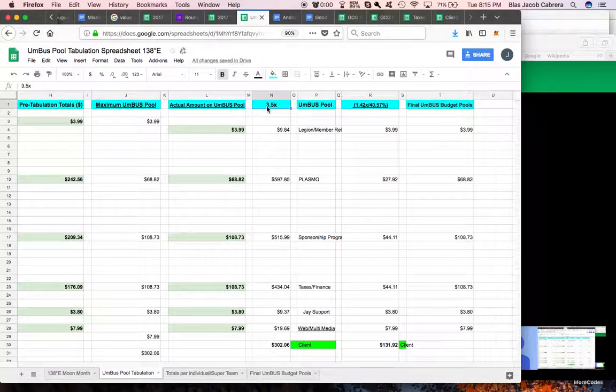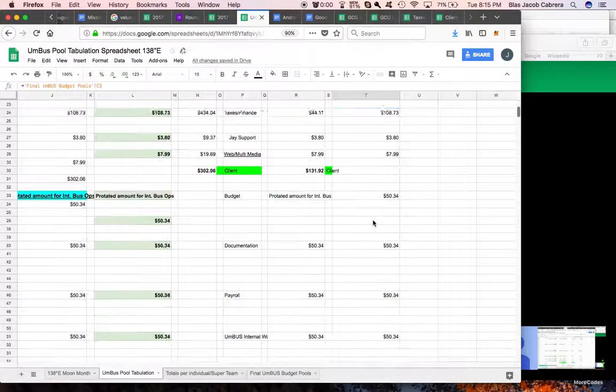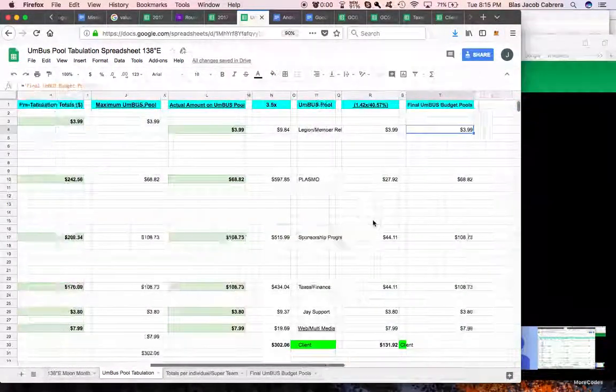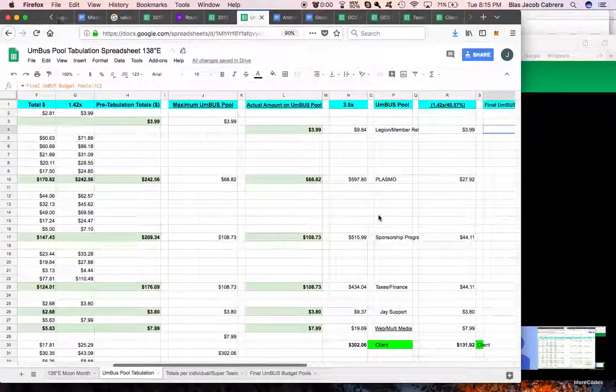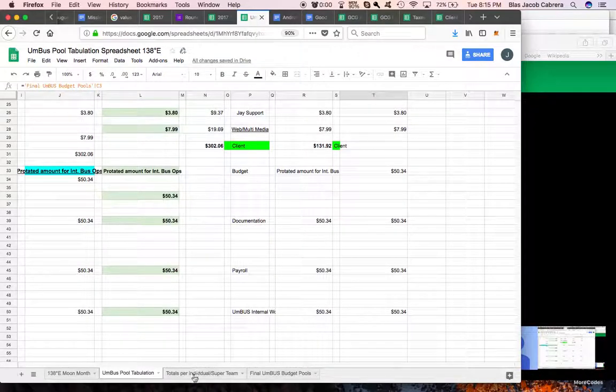I don't know why this is 3.5x. So this could be a problem. It looks like this isn't 3. So final UmBUS budget. I don't think this is even necessary. I don't know what this is or why. I think this is just for the previous step. I don't think we actually need that.